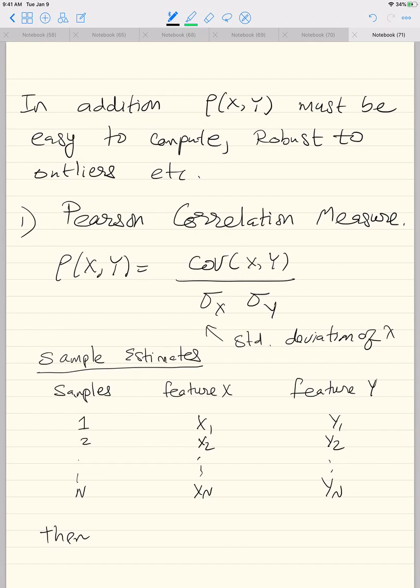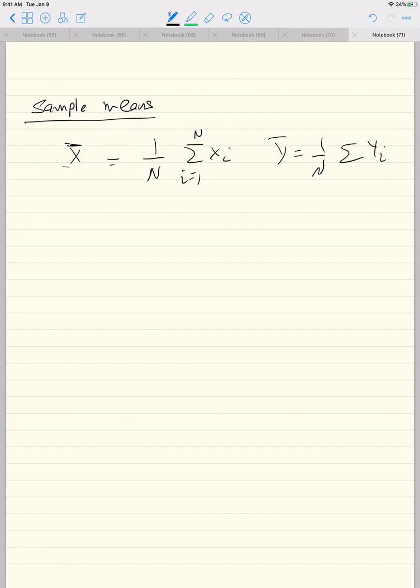Then we can define the sample correlation between x and y as follows. First, we define the sample means: x bar, which is 1 over n summation of xi, and y bar, which is 1 over n summation of yi.